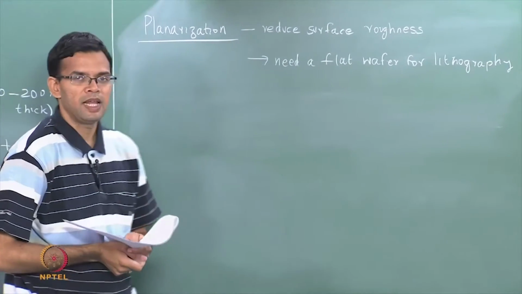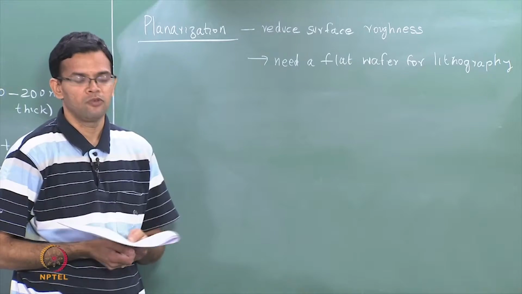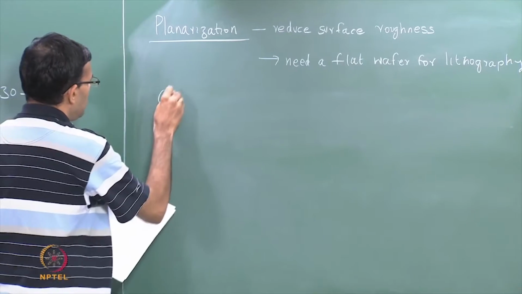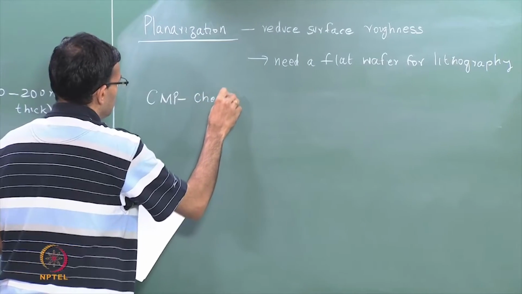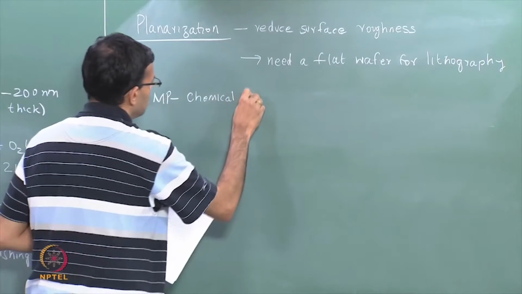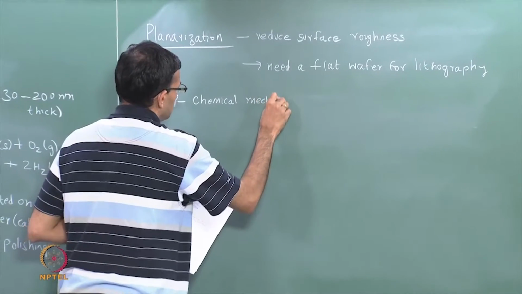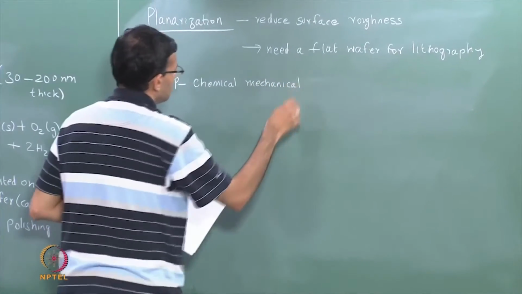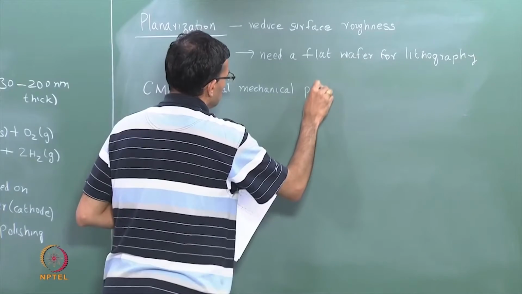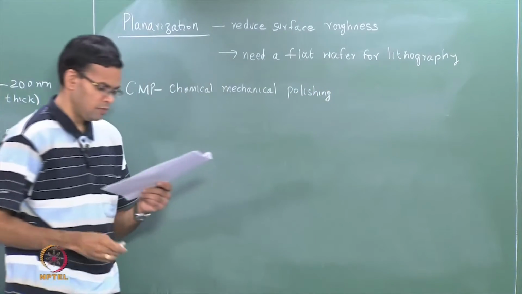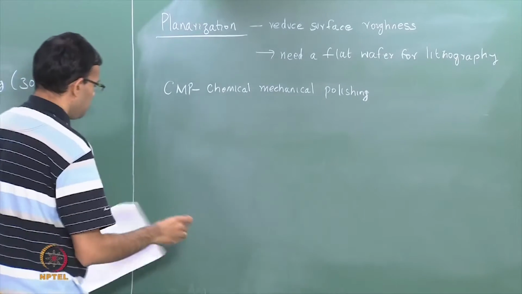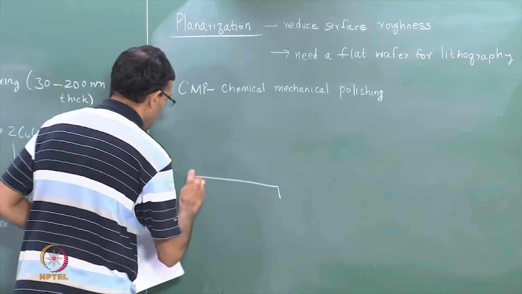So, in the case of planarization, another name for this technique is called CMP, which is chemical mechanical polishing. In this particular case, the wafer is mounted on a platen.